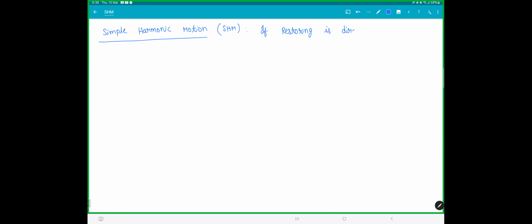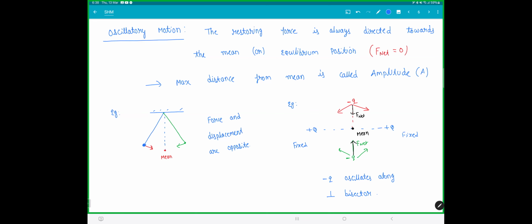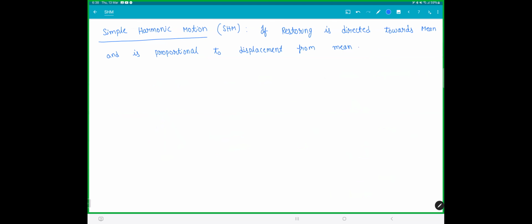If restoring force is directed towards mean position, and is proportional to displacement from mean position. So the one extra term here is this. In oscillatory, the force is towards mean. That's it. I never said how the force should be. But in this, we made it a special case. It should be proportional to displacement.